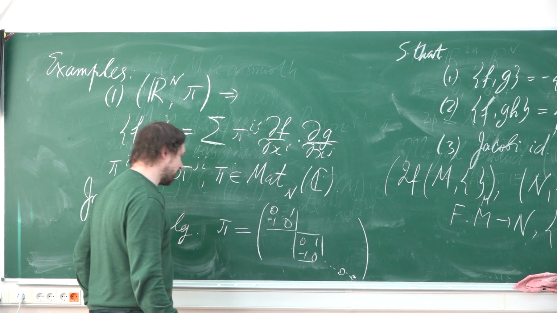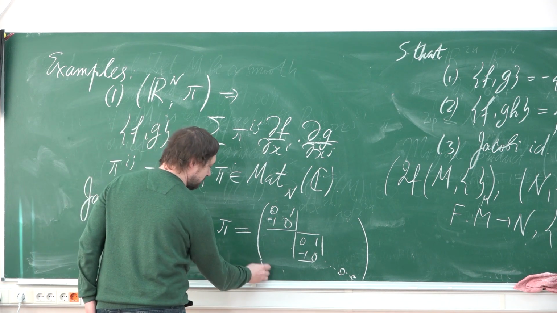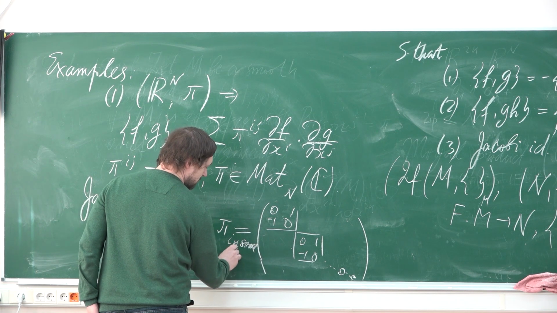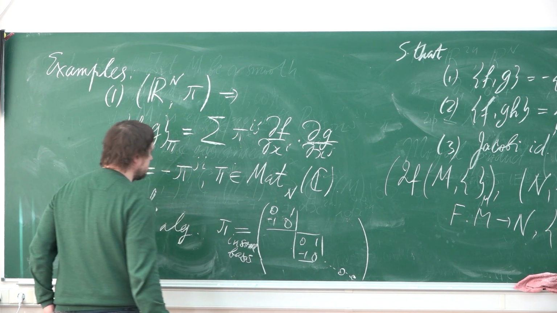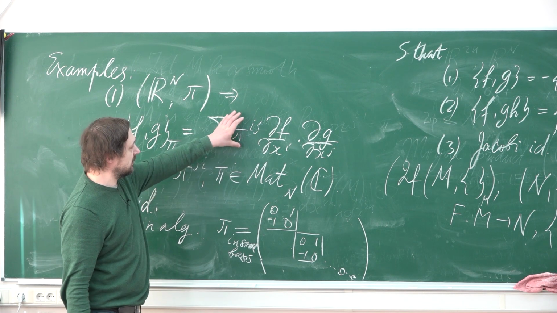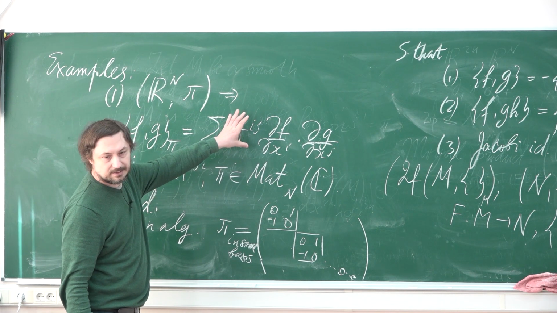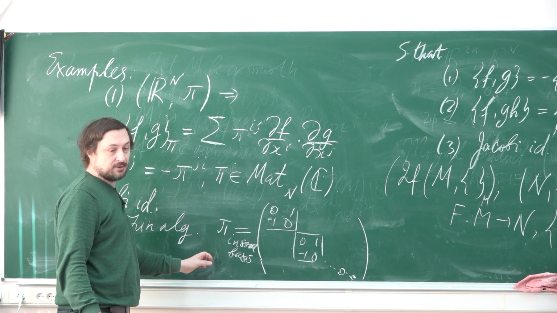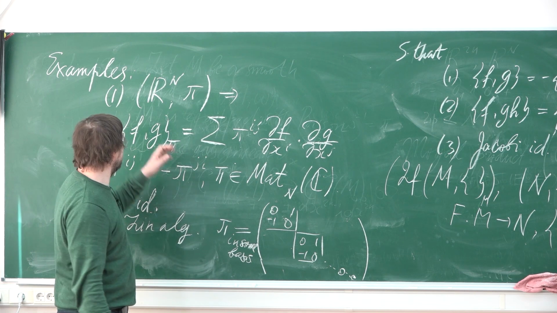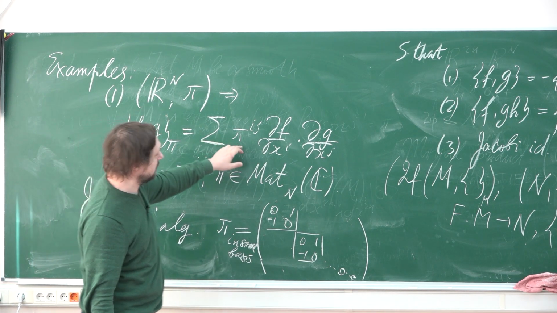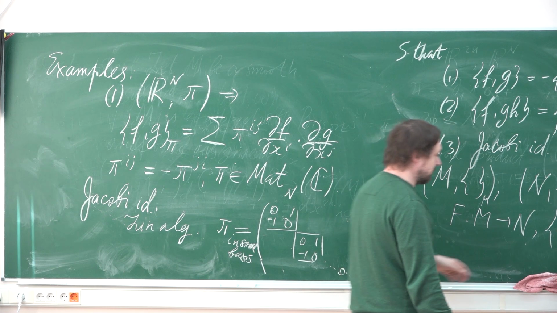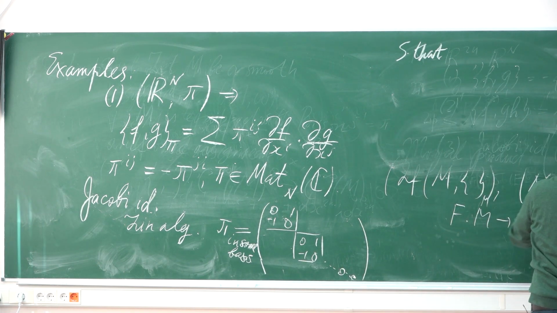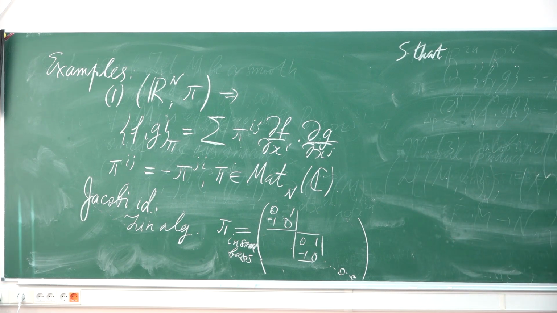So every antisymmetric matrix can be brought to this form in some basis. Hence, since these coefficients are constant, we can actually do this linear change of coordinates in R^n, and that will bring this formula into the standard one.